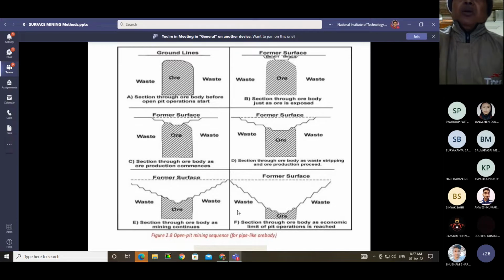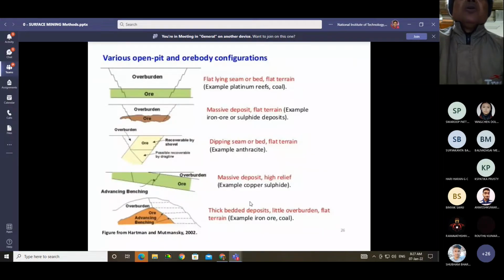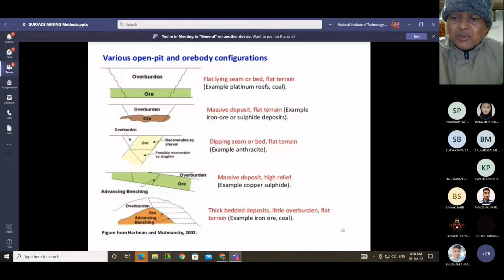It will change if the economic value of that mineral is great. If the grade of the mineral is high, then you can go deeper, because it all depends on the selling price of the mineral.